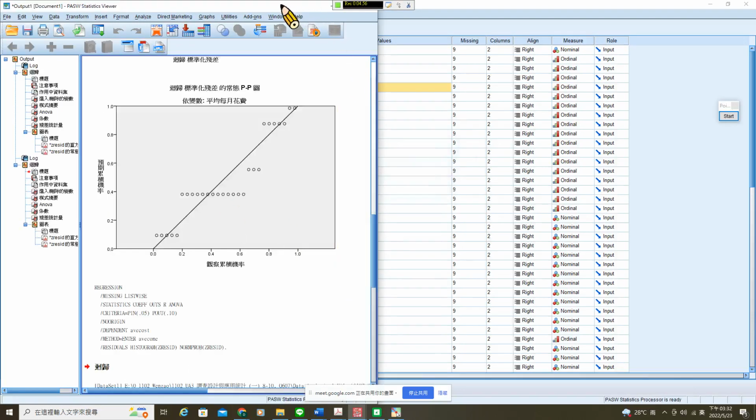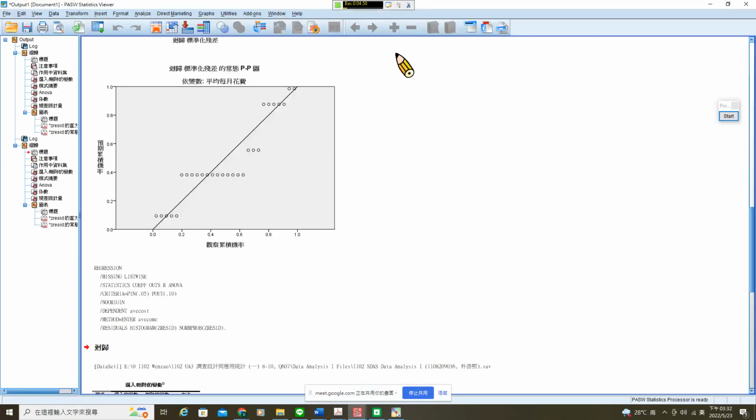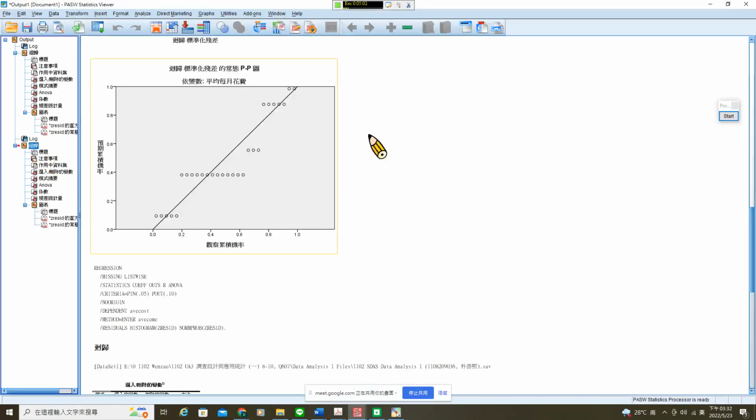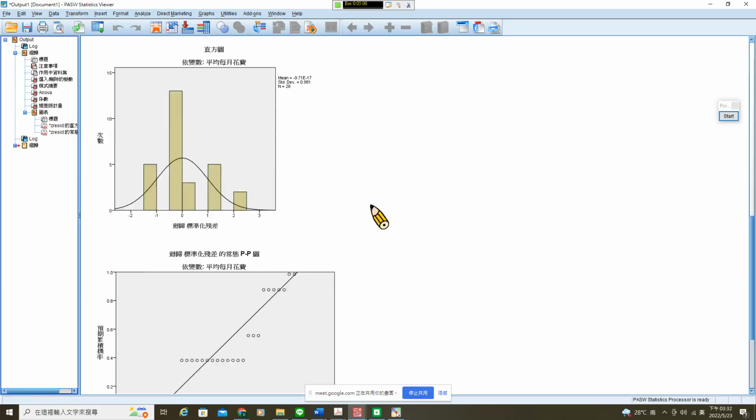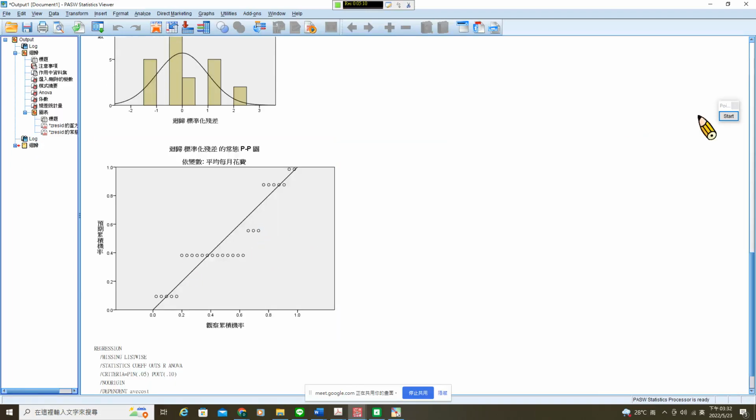Okay, so here is the output, starting from this one. We say there's a plot, right? This is the so-called scatter plot, 分散图表. Scatter plot is the place to plot x and y. This is x, and this is y.